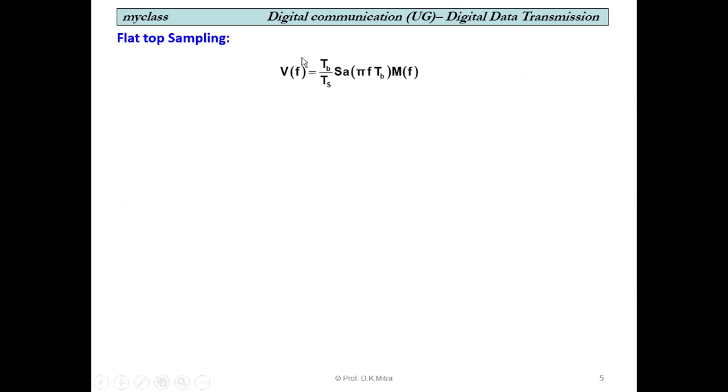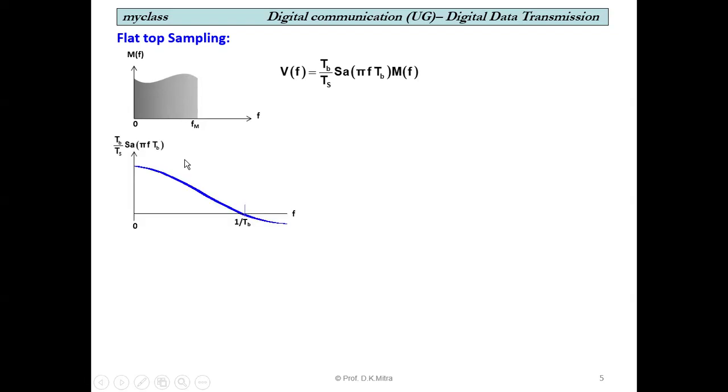This was our output. It is a frequency domain function of the signal MT, but its amplitude is multiplied by a sampling function. That is where the problem starts. This is our MF, the frequency domain representation of the signal, which is band limited to FM, and hypothetically, these are various amplitudes of various frequency components. And this sampling function looks like this in frequency domain.